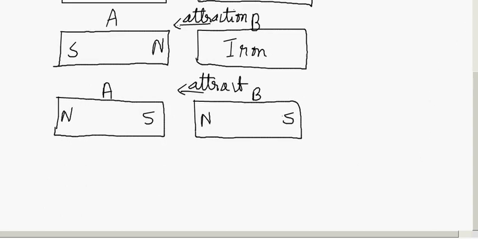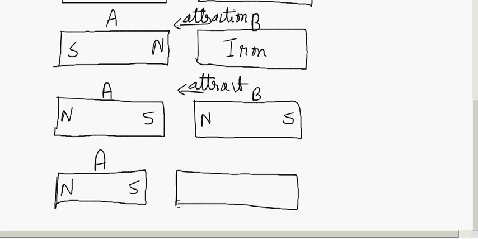But on the other hand, now reverse the bar B magnet. Let us keep bar A as it is. So this is north, this is south, and bring bar B magnet closer to it, and let us say they repel each other, repulsion.